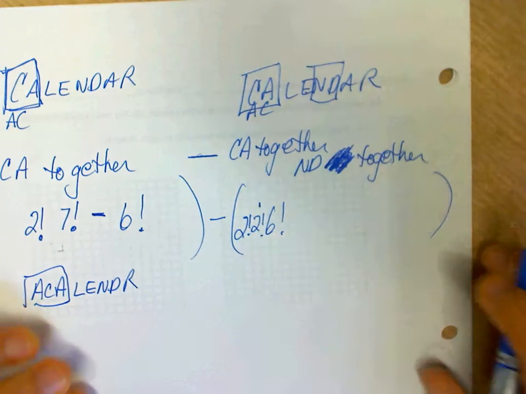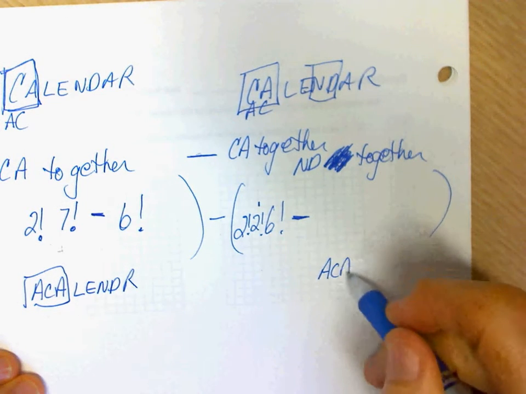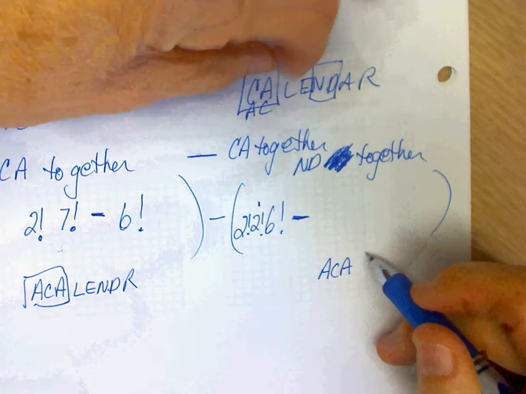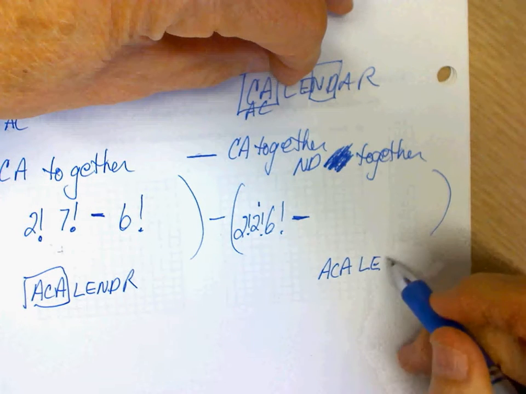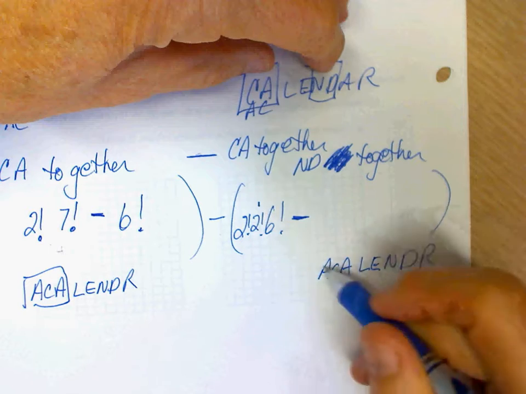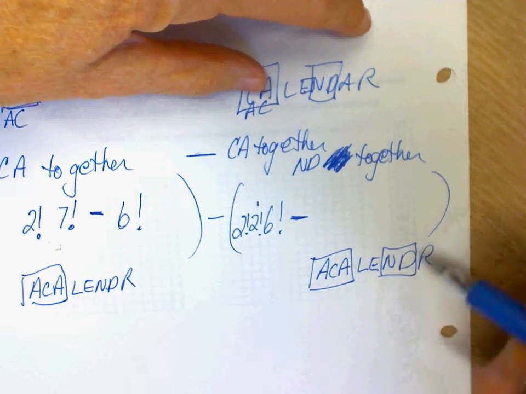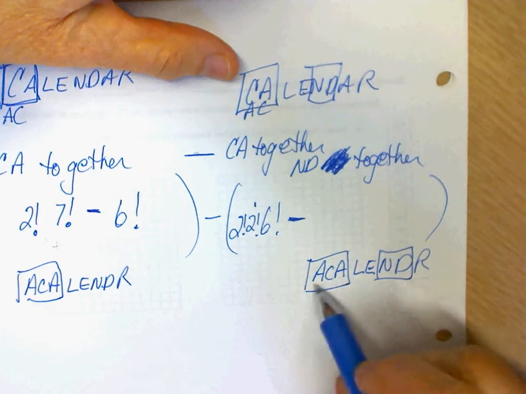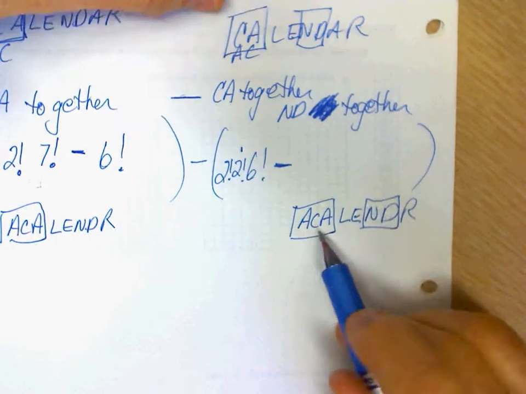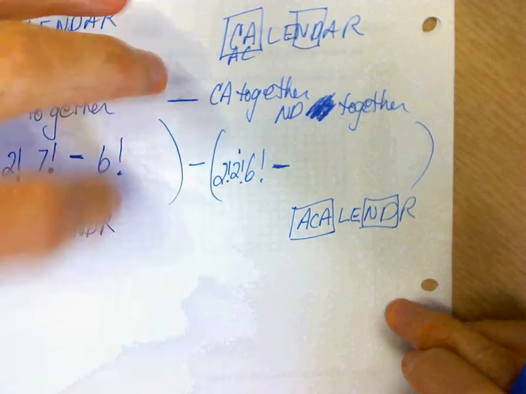But we have to subtract the ACA situation. L, E, N, D, R. We don't worry about rearranging that because we only have two ACA scenarios here, so we just want to subtract one.